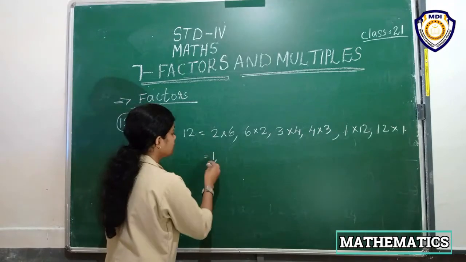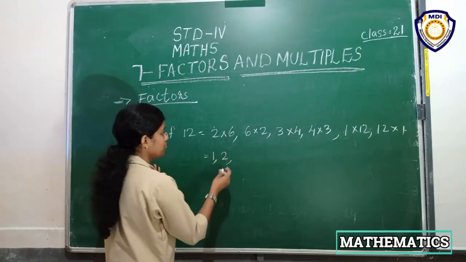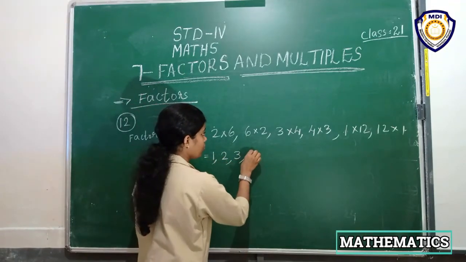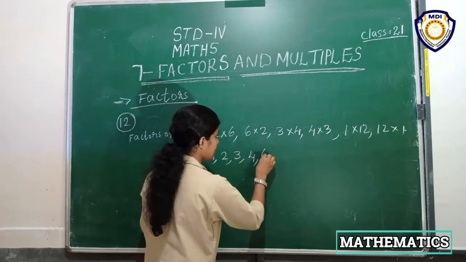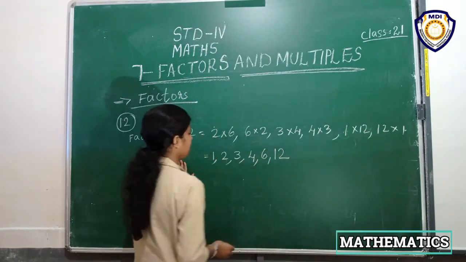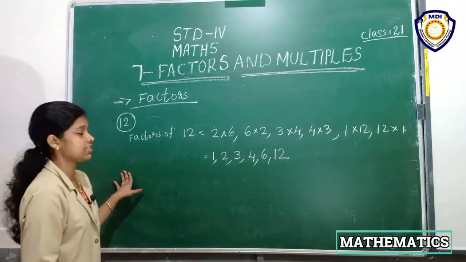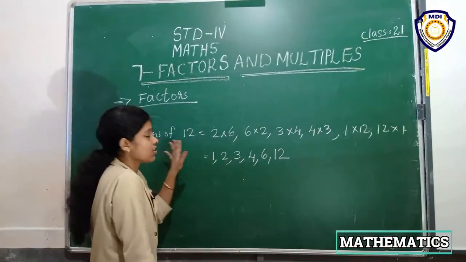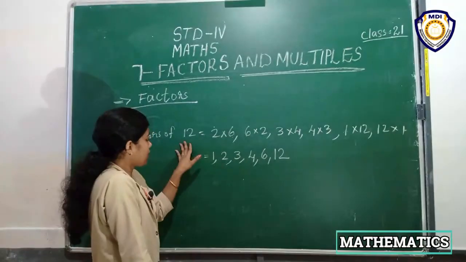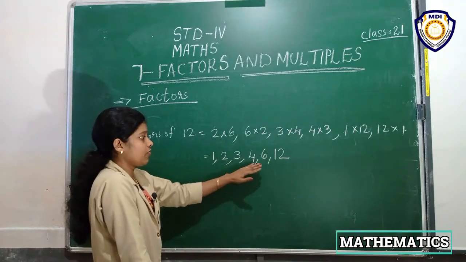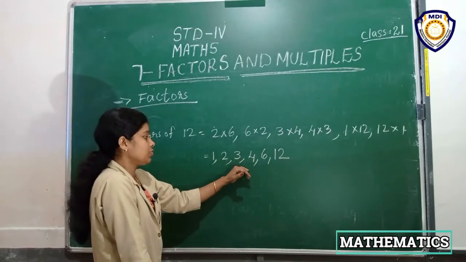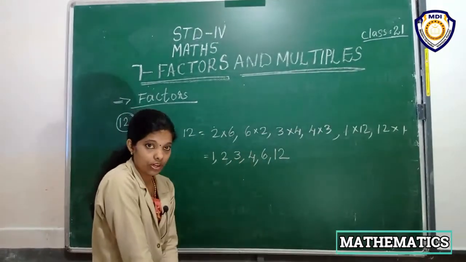Okay. 1, 2, 3, 4, 6 and 12 is the factors of 12. Sorry, 1, 2, 3, 4, 6 and 12.